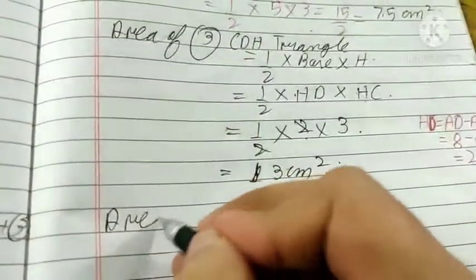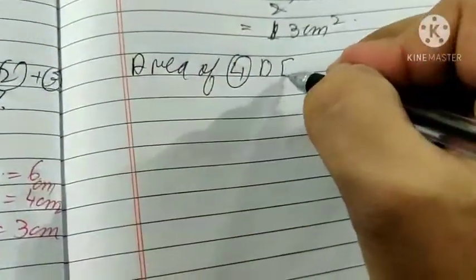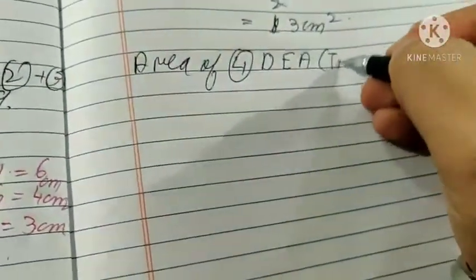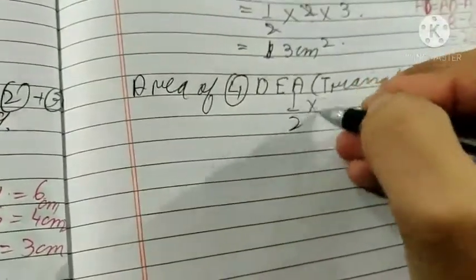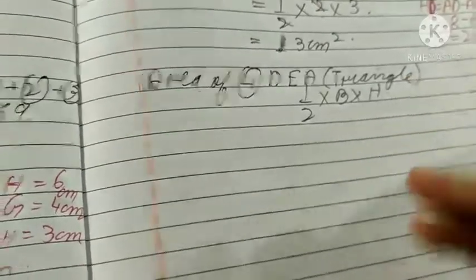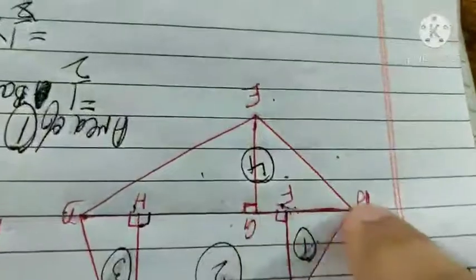Now area of 4, that is DEA. This is a triangle. Again the area of triangle is half into base into height. Okay. So if we rotate the figure and see it this way around, this is the base and this is the height. So base into height.